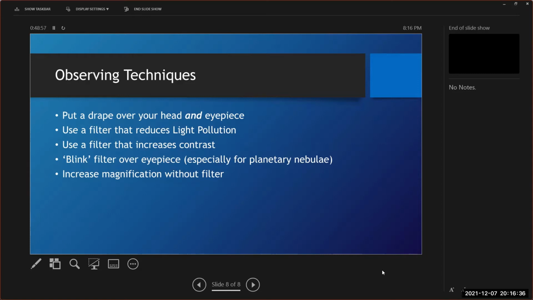I know when I do this that the thing that stays brightest is probably the planetary nebula, because the oxygen 3 bands are passing through the filter, and the continuous band of the starlight is being blocked.